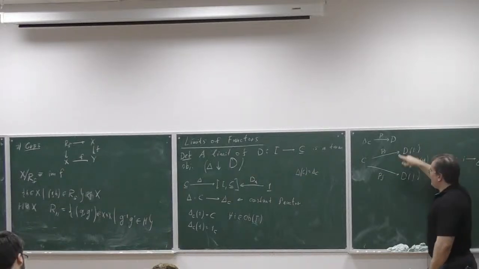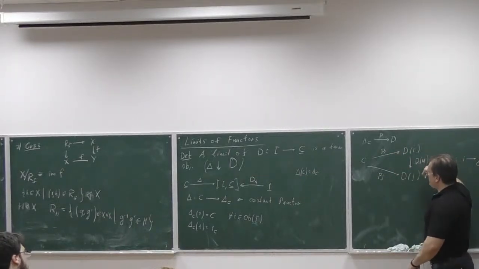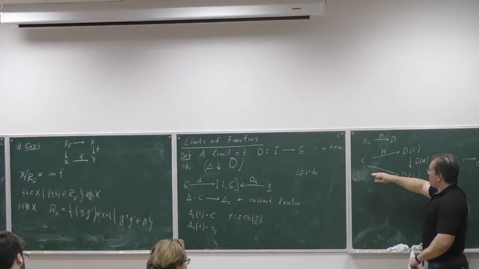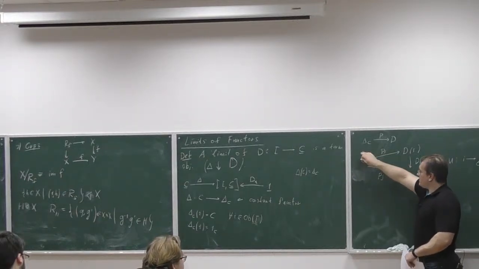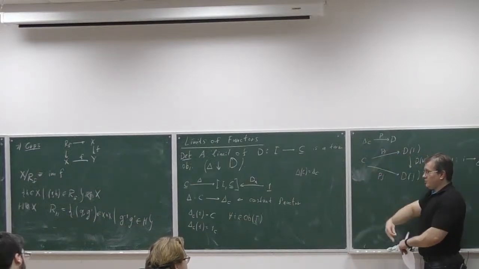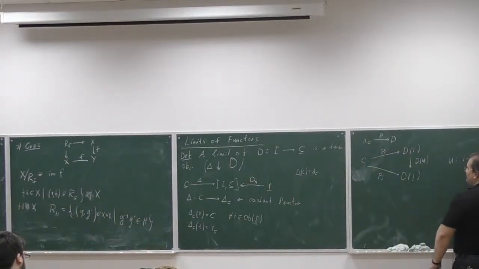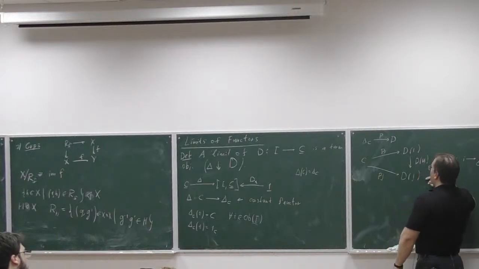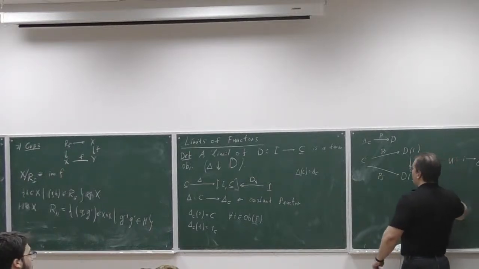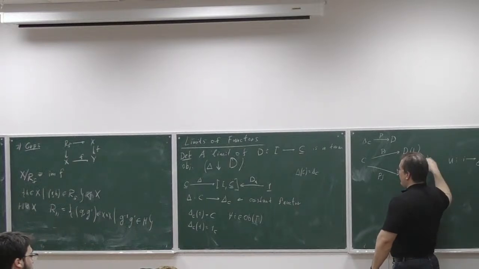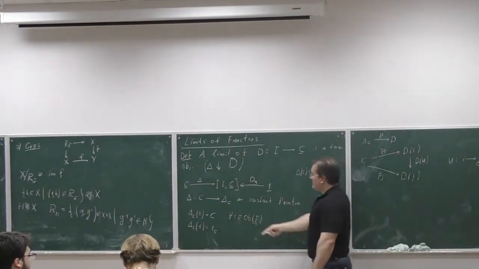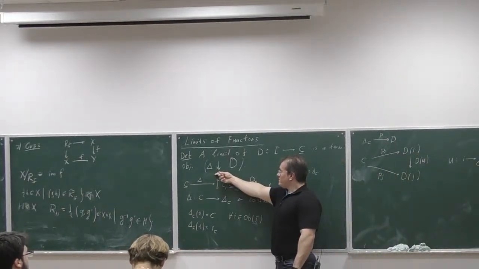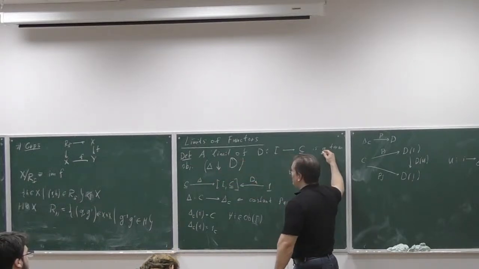Notice that the usual commutative square collapses to a triangle because this is a constant functor. So the answer for any object is just C. So I'm going to get C, identity, and C. So I just collapse this to one object. And that looks a lot like what we saw before, right? We introduced some auxiliary categories, studied terminal objects, and that was interesting. So here, the category is exactly this category. So this is why the terminal object is called a limit.